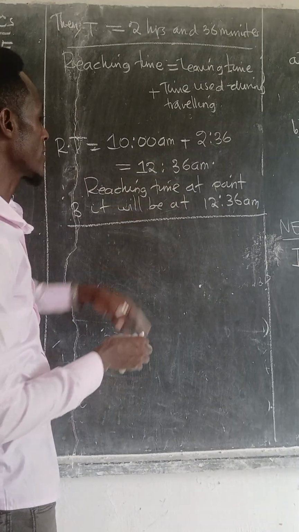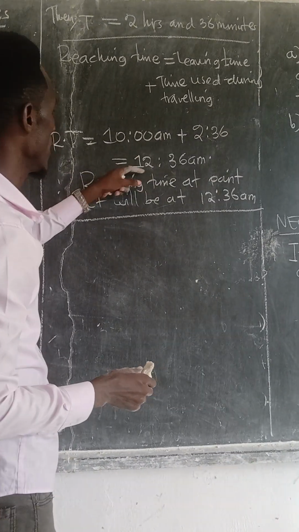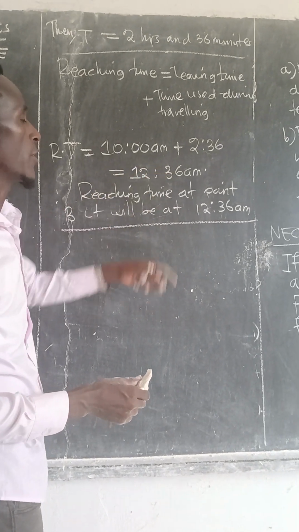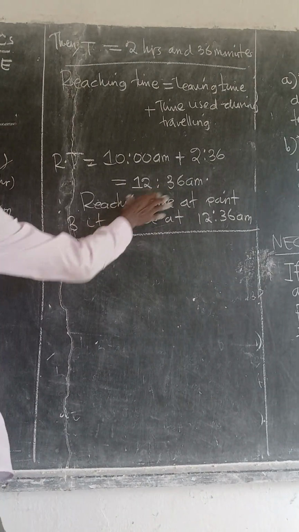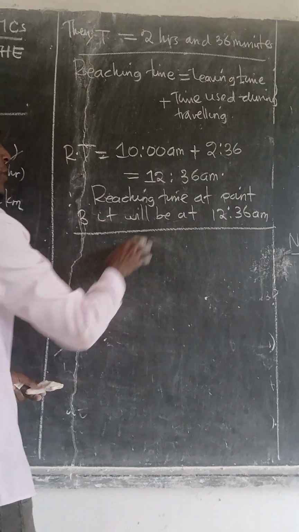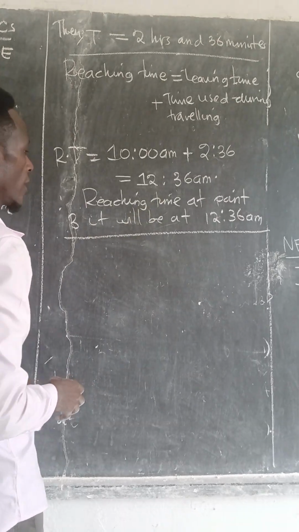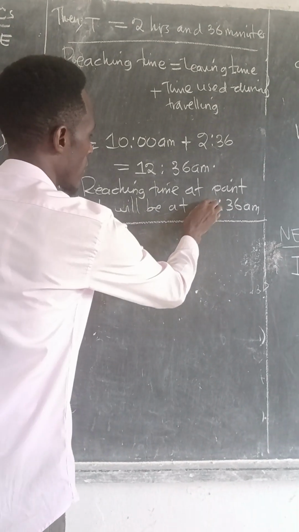Then find the sum: you obtain 12 hours and 36 minutes AM. So this will be the reaching time at point B, at 12:36 AM. Now the question is over. Thank you very much.